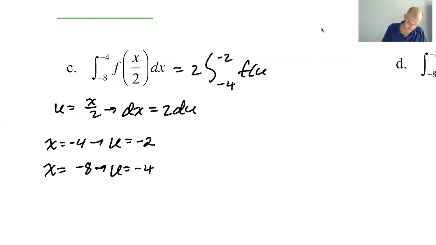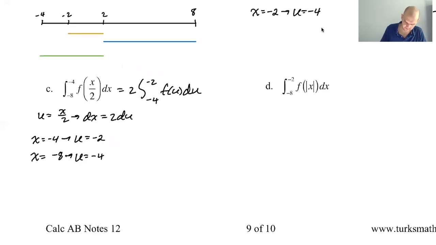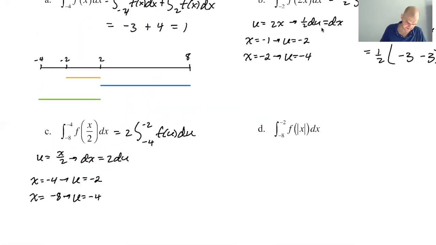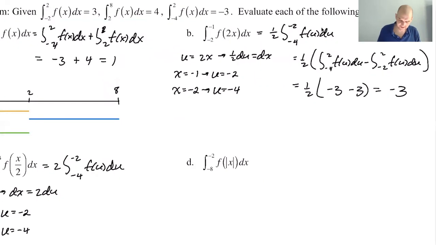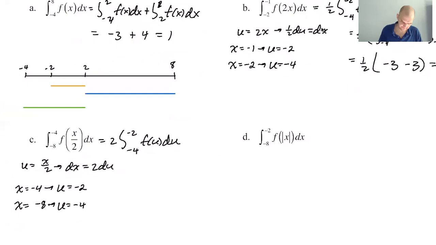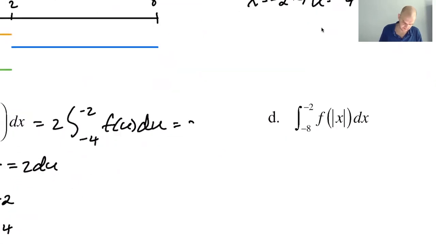That seems familiar, I think we know that one. Did we just do -4 to -2? We did, but we didn't really write it down. But -4 to -2 is this. So I'm just going to use that. It's 2 times -6, and hope that's right. 2 times -6 is -12.